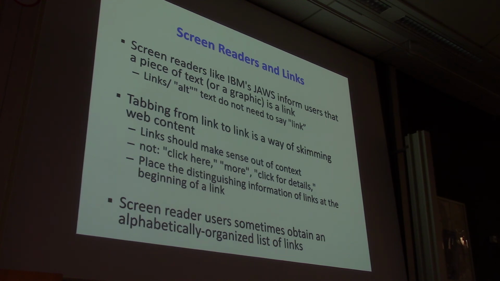So you don't need to tell the screen reader it's a link, because the screen reader will say this is a link, and then read your text. If you say again it's a link, it's just repeated information. So don't say in the alternative text of a link that this is a link, because the screen reader already knows.